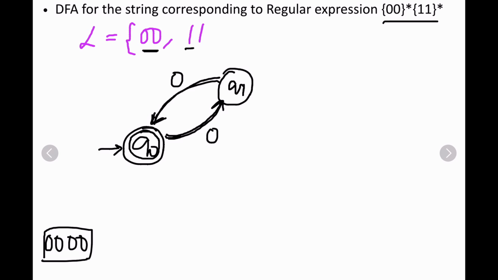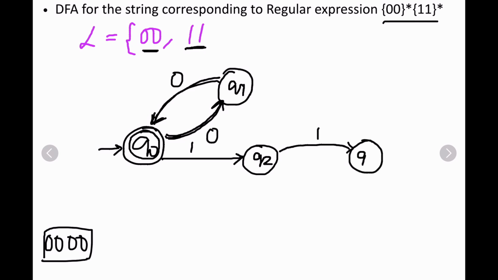Similarly for the 1 1, how do you write this? Starting with q naught, on 1 go to q2, then on 1 go to q3, and make it a final state, accepting. Are you agreed with this? Similarly, 4 zeros is also valid.